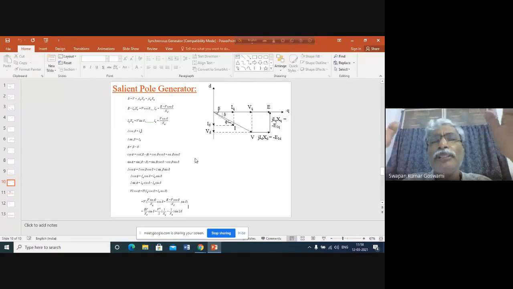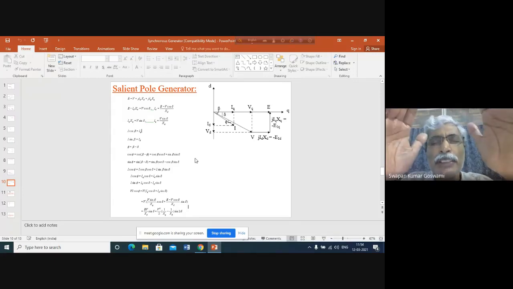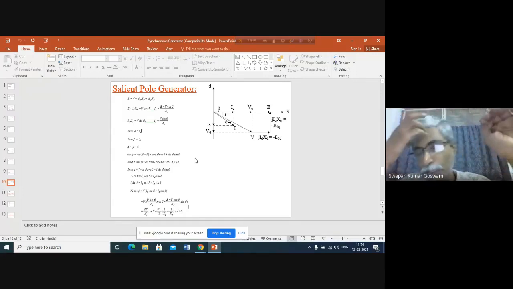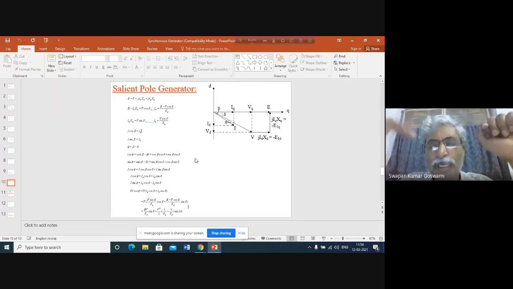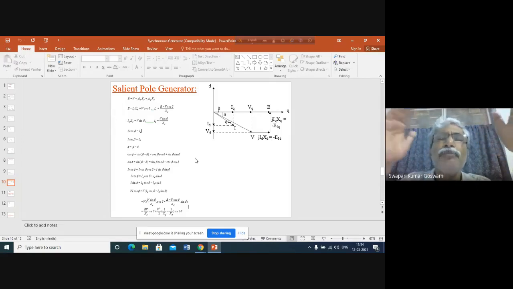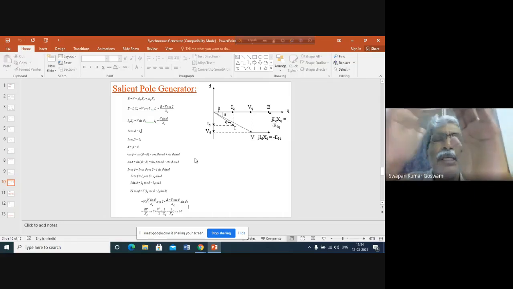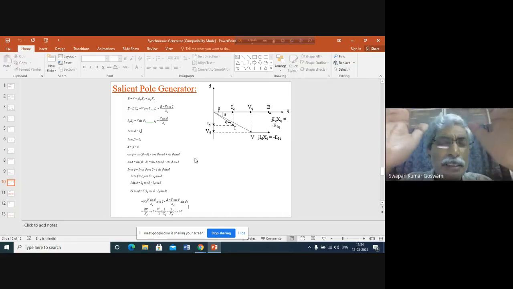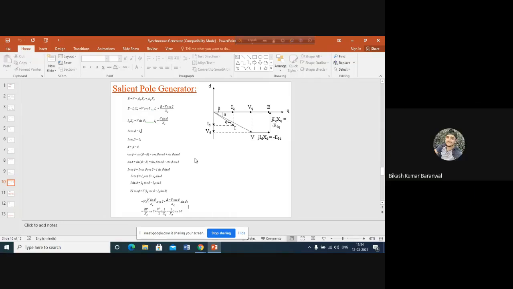In the case of the salient pole machine, the stable operation zone will be somewhat reduced. It will be somewhat narrower compared to the cylindrical rotor machine, which was up to 90 degrees. Is it clear or not? Yes, sir.